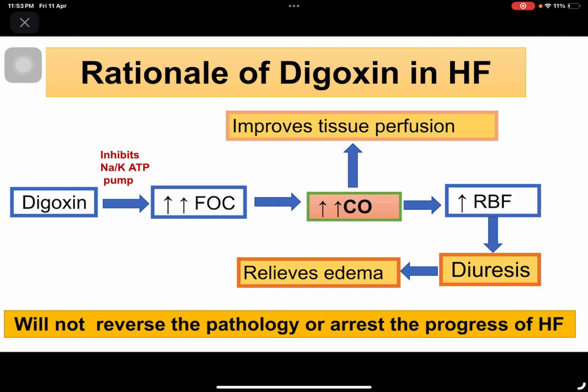Digoxin will not reverse the pathology or the cardiac condition that is going to progress to cardiac failure.